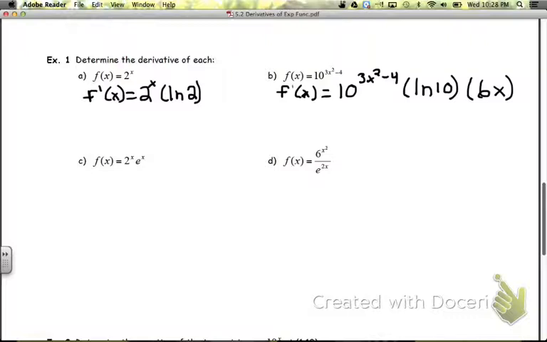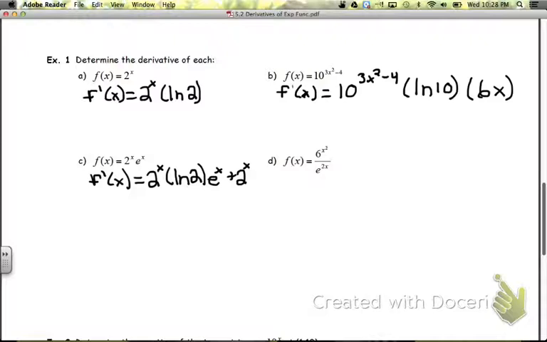C, we have f of x equals 2 to the power of x times e to the power of x. So here we have two terms we're working with, and therefore we will be using our product rule when finding the derivative. So f prime of x will be equal to 2 to the power of x ln 2 times e to the power of x plus 2 to the power of x.